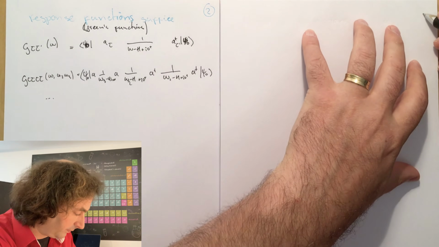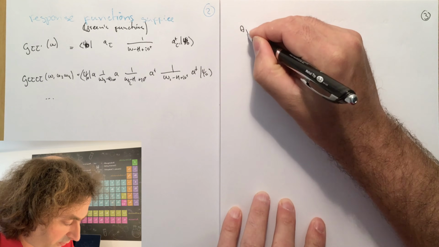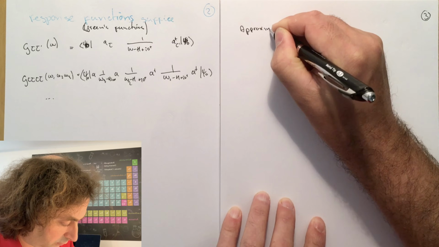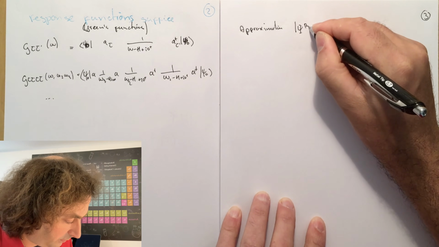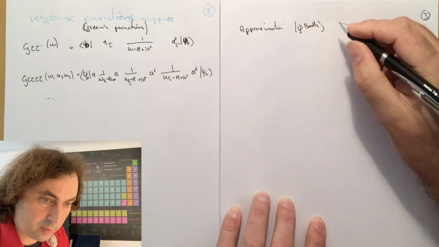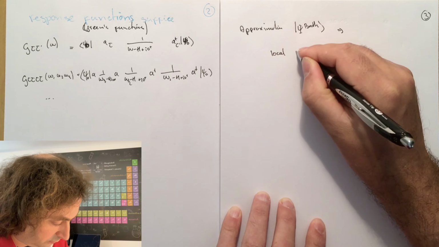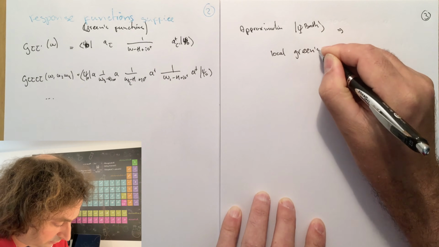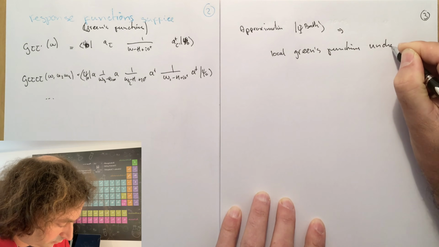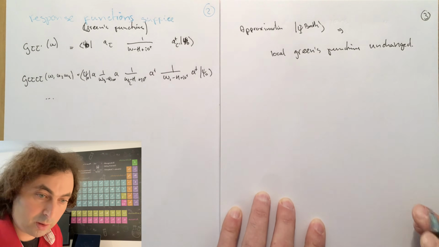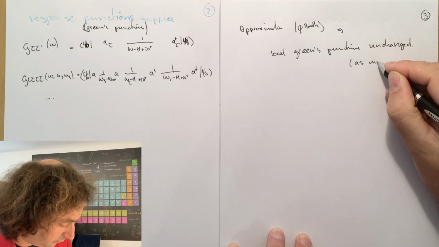So the question that we need to ask is, can we make an approximation to the bath wave function such that the Green's functions do not change? And that of course means as much as possible.